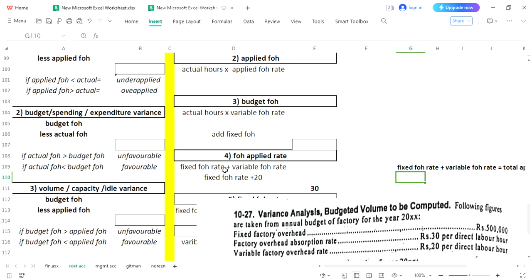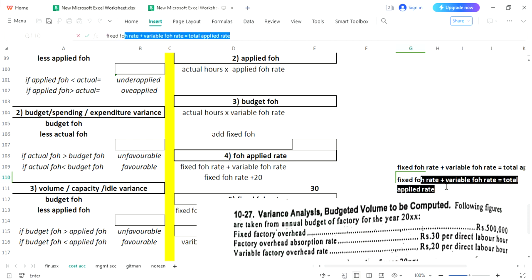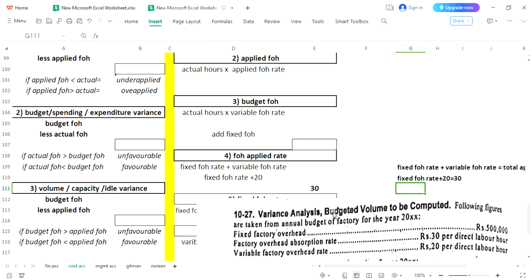Okay, same formula I have written. FH applied rate is equal to fixed plus variable rates. Now fixed rate is unknown, so you can write it as it is, fixed FH rate, and you will add 20. It would equal the total rate, and total rate was also given, it is 30. Now what would be your next step?